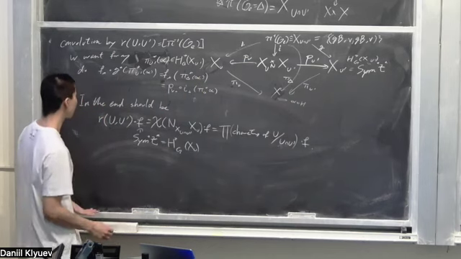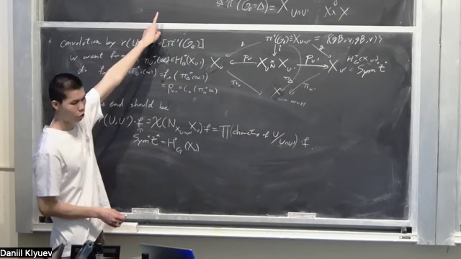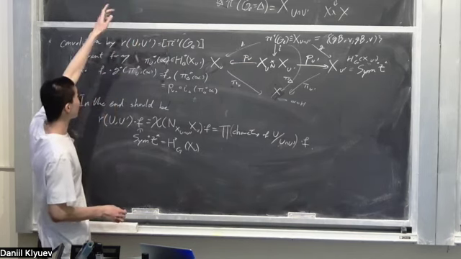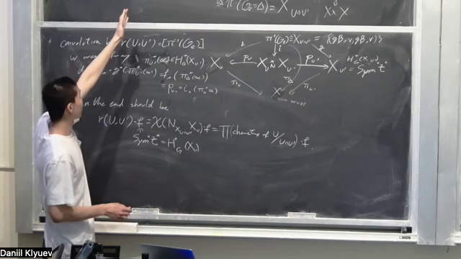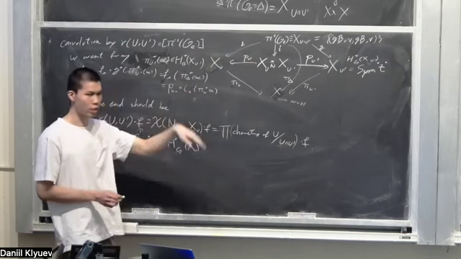So anyway, here's our first class of generators. This is R U primes. What we see is that they take us from one XU to another XU prime, right? So they go across these.